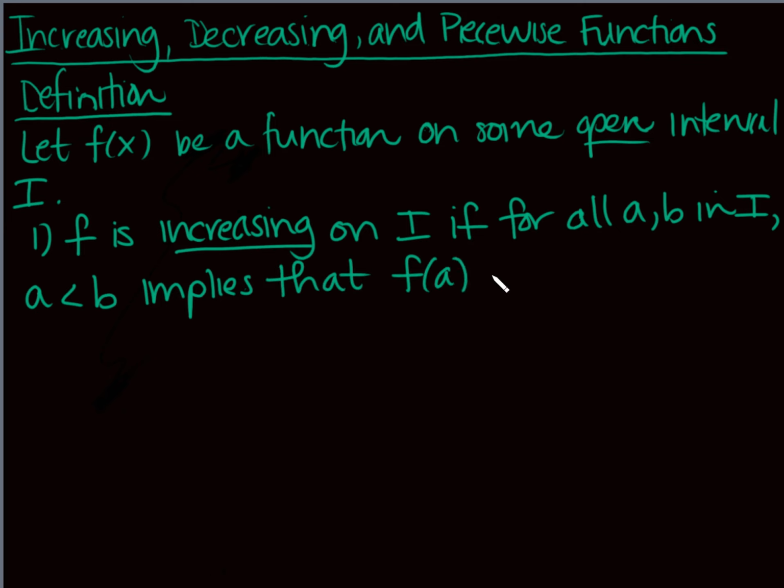Don't let that confuse you. All this is saying is that if a is less than b, meaning as I look left to right, so I take a number that's less than the next number on the number line, then the function value is going to be smaller than the next function value.